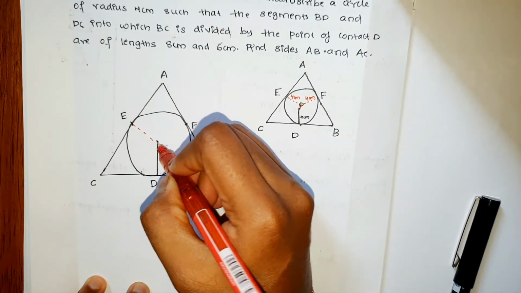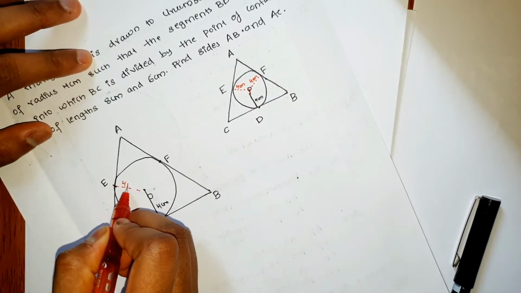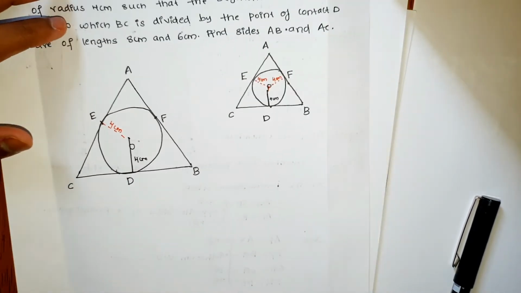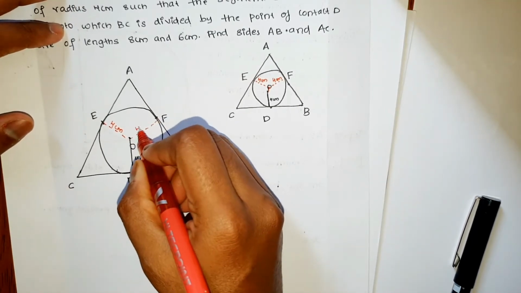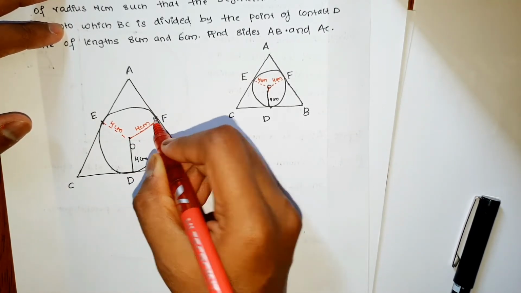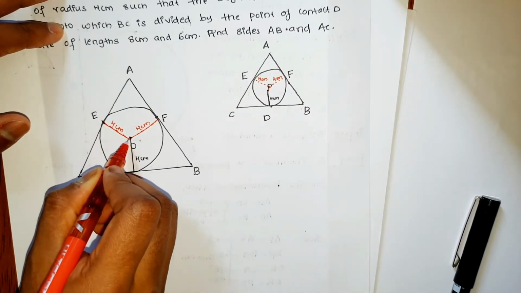This is also 4 cm because it is radius. 4 cm. And next, this one is also equal to 4 cm, this one and this one.